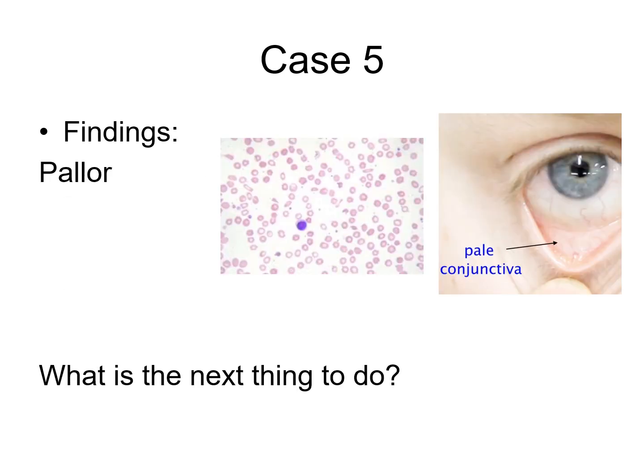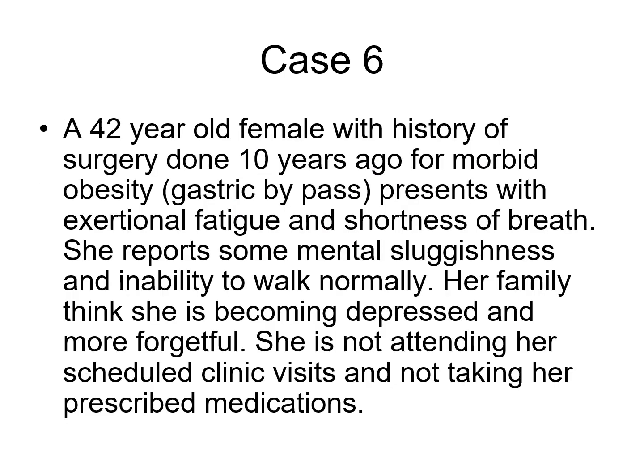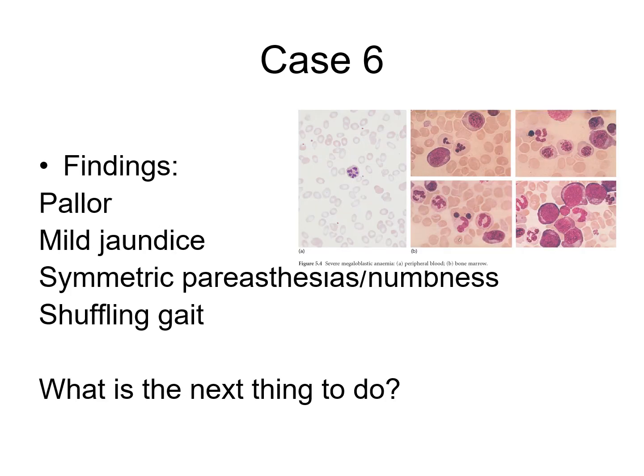So what would you think you should do for this patient? So confirm the diagnosis first, and then how would you look for the cause of his condition? Being not compliant with the medications she's been prescribed, so she's at increased risk probably for having a form of certain anemias that would cause jaundice also, and, more importantly, some paresthesia, numbness, and shuffling gait, meaning some neurological symptoms.